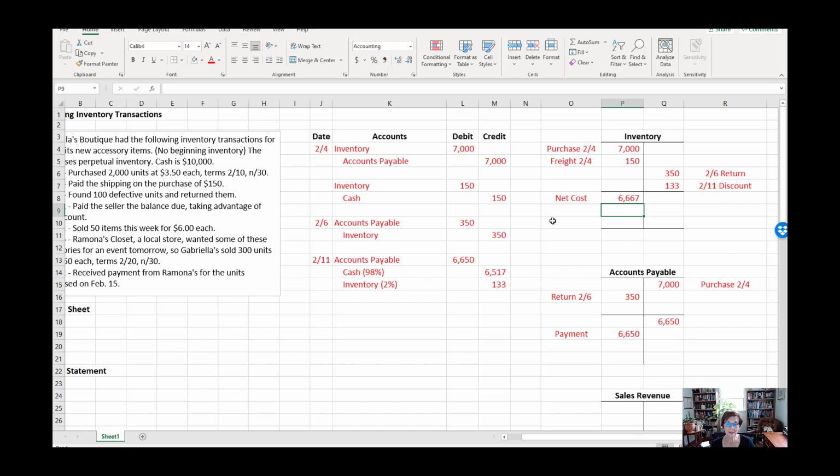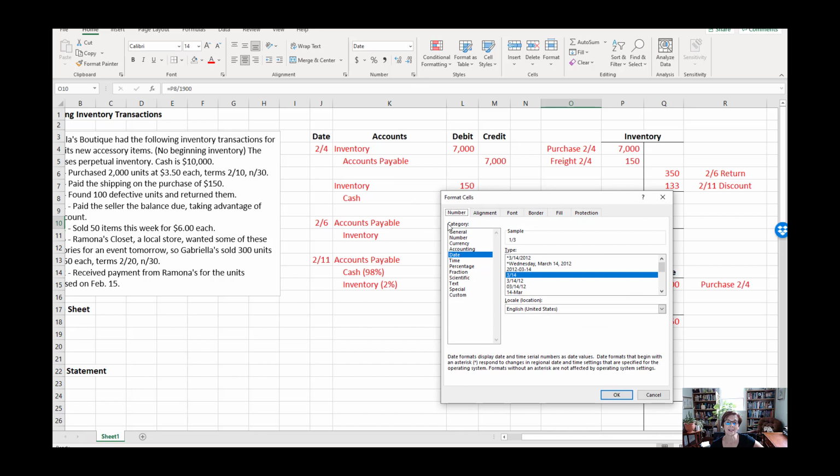How many units is that? Well, remember we started with 2,000 and we returned 100. So the net cost of our inventory is $66.67, and our cost per unit, let's just put a little note here, unit, is equal to, I'm going to put it down here, which is a weird place, but it's okay. It's equal to $66.67 divided by 1,900 units.